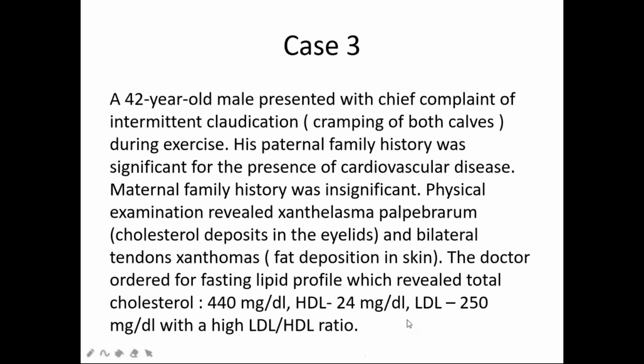And here in this case, LDL level is 250 milligram per dl, and the normal LDL level is 60 to 130 milligram per dl. The total to HDL ratio is 4.